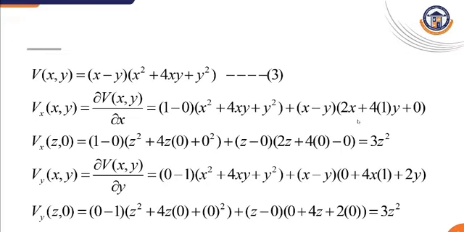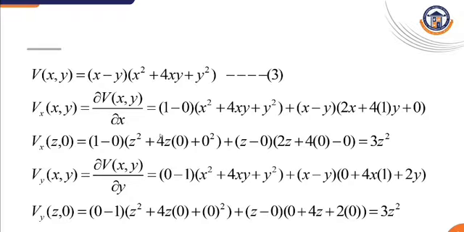So we know the partial derivative, dou v by dou x, with respect to x, means 1 minus 0, keeping x square plus 4xy plus y square, and then x minus y keeping the derivative with respect to x means 2x plus 4 into 1 times the remaining 0. Here we substitute the point: x value becomes z and y value becomes 0.